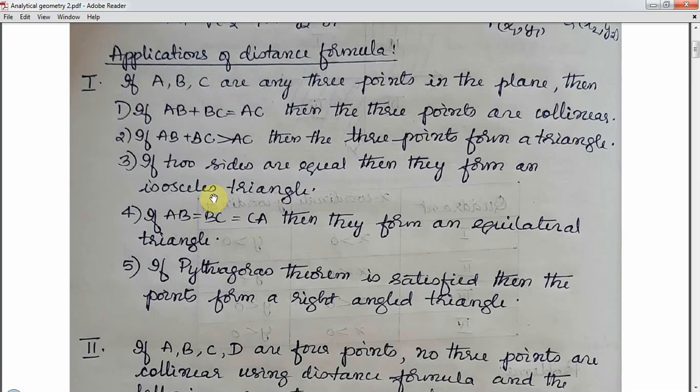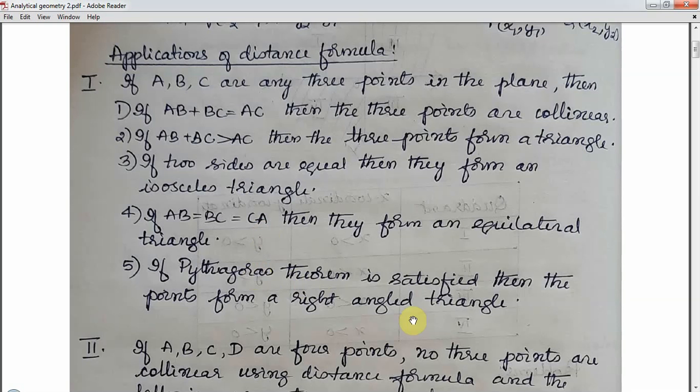If all the three distances are equal, then they form an equilateral triangle. We have studied different types of triangle: acute angle triangle, isosceles triangle, equilateral triangle. Equilateral means all the sides are equal. Therefore, if AB equal to BC equal to CA, then they form an equilateral triangle.